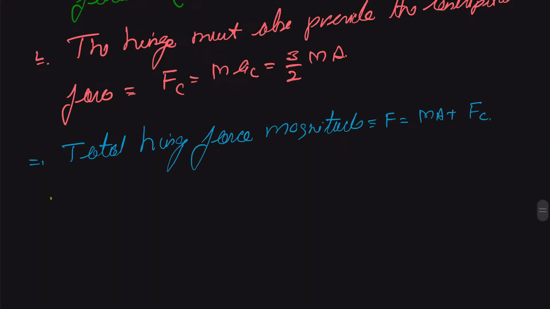So we get F is equal to ma, and FC is 3/2 times ma, which gives us 5/2 ma. So this is the hinge force that is required. Next question.